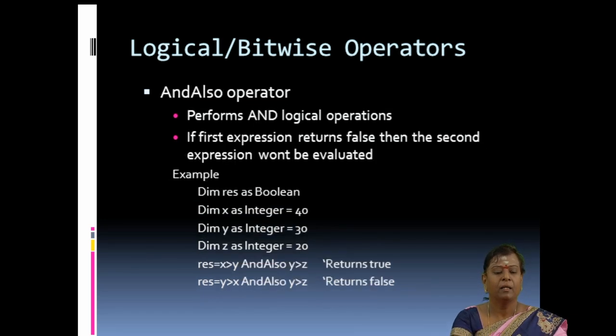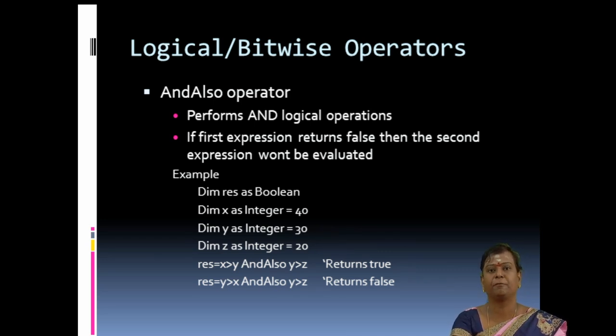Okay. Then AND ALSO operator, this also comes under the logical operators. As we have seen in the AND operator, the bitwise operator, this AND operation checks if both expressions are true. Here AND ALSO checks the first expression.